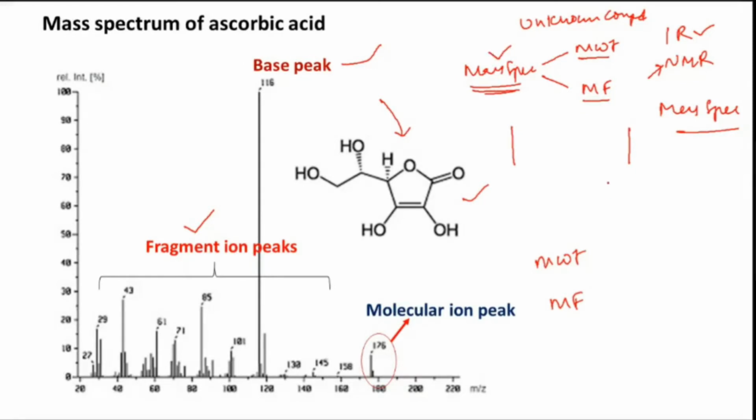For example, let's say I give you a compound like this. Two benzene rings are there.